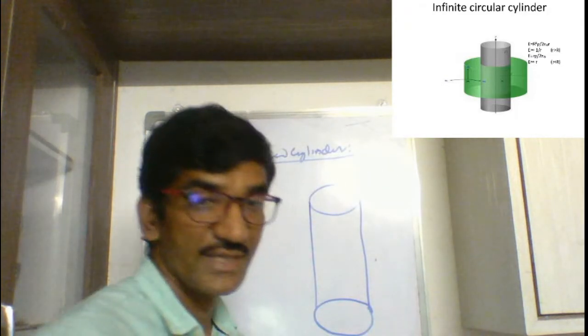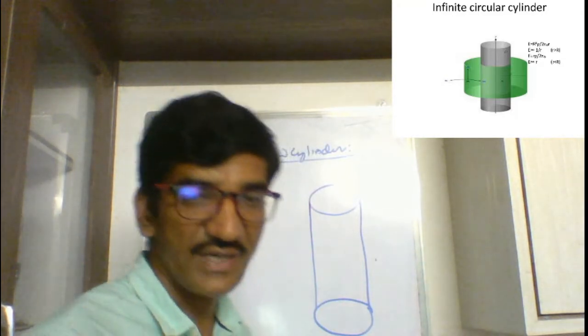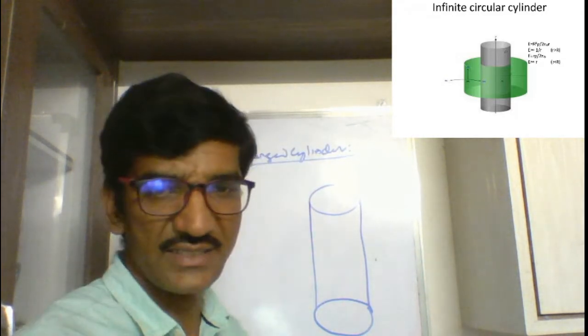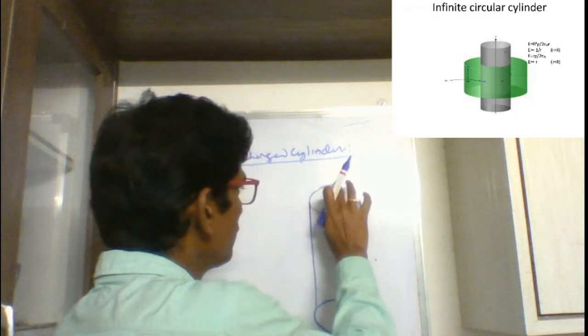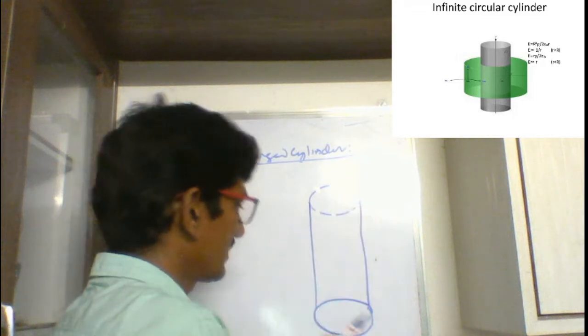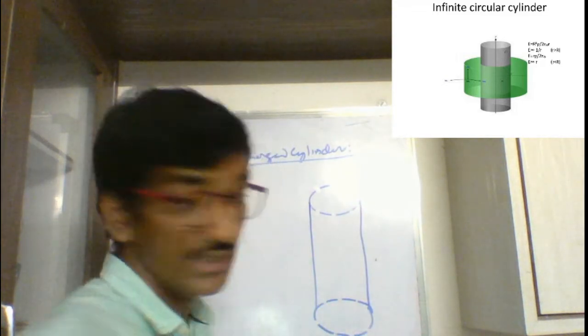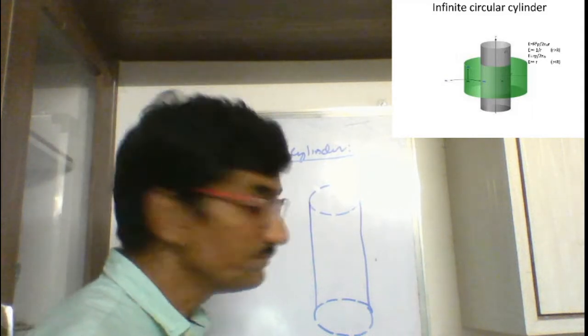Of course, what I am saying here, it is an infinite cylinder. That means here you just draw the dotted line, and this will show you that it is of infinite extent.